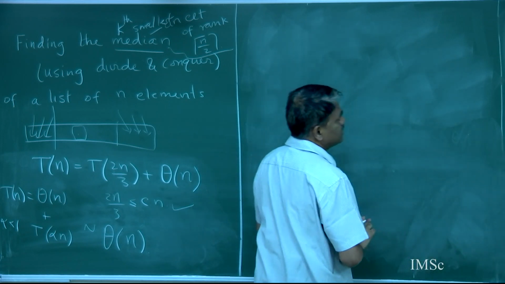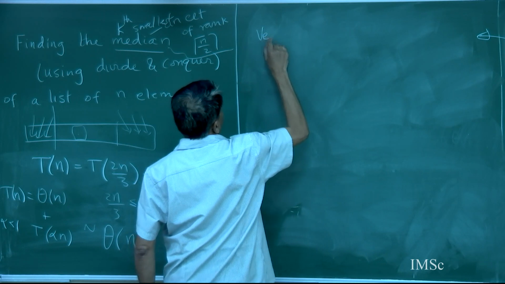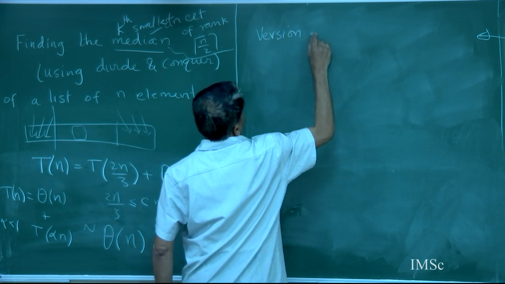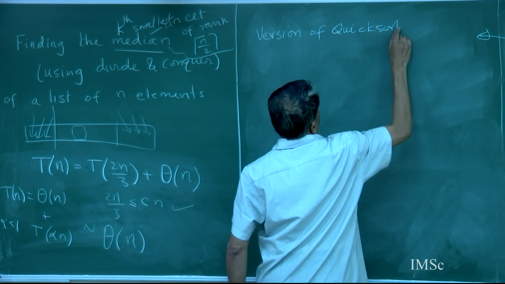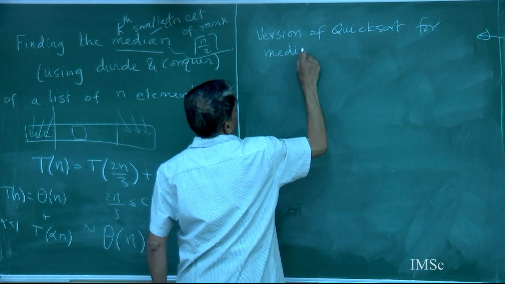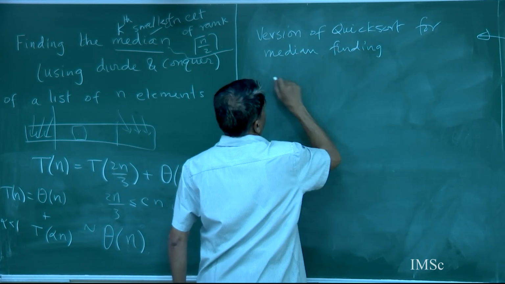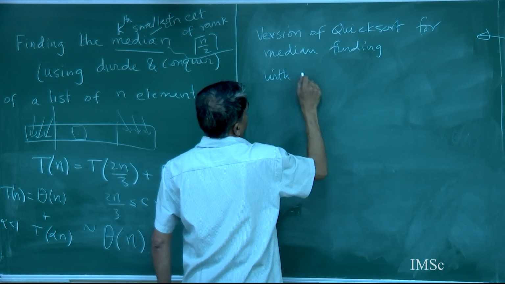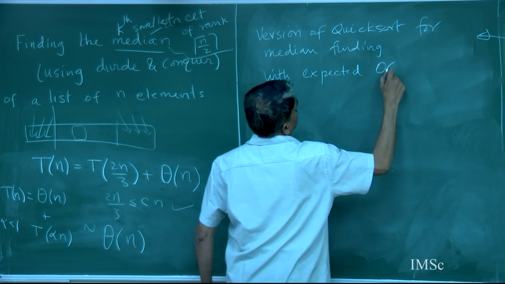So what I'll write is, this is a version of quicksort for median finding, with expected order n time.